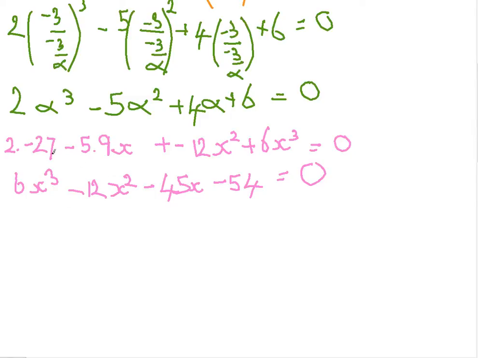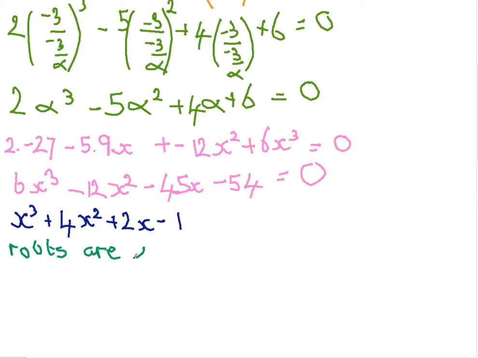We're given an equation x cubed plus 4x squared plus 2x minus 1. Roots are alpha, beta, gamma.